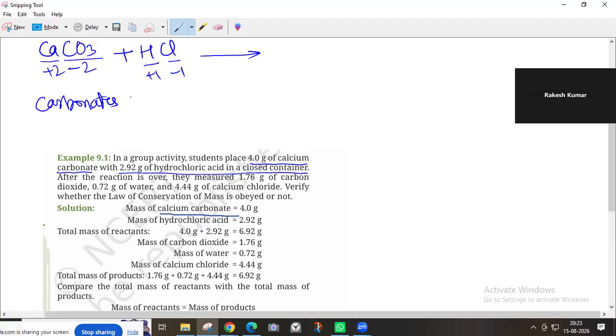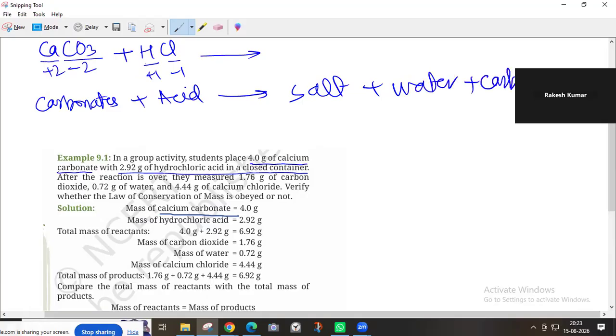Whenever carbonates react with acid, they give salt, water, and carbon dioxide gas. This is the general formula you should know: any carbonate you react with any acid, you will always get a salt, water, and carbon dioxide. So what will be the salt here?